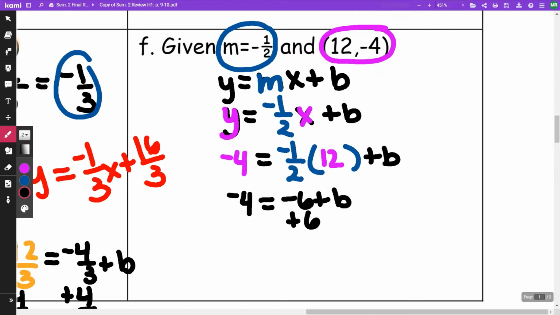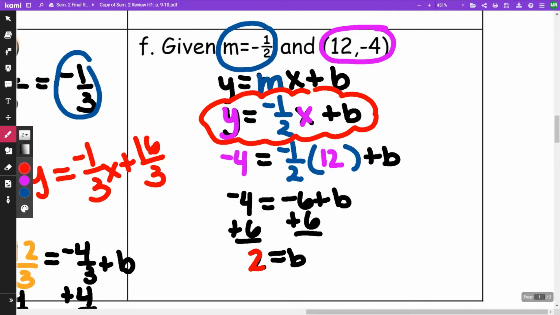I am going to add 6 to both sides, and I get 2 is equal to b. So I am going to take this 2, and I'm going to come up here to this equation and put it in place of b. So I'm going to get y is equal to -1/2 x plus 2.